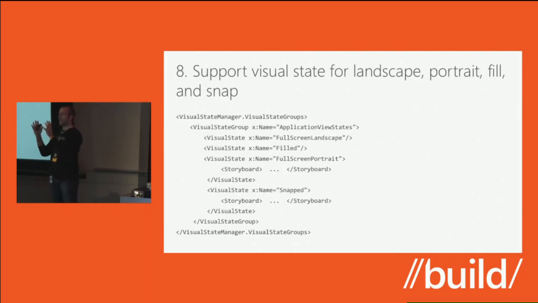So if I go to portrait mode, I'm going to define a storyboard that says, hey, I'm going to switch from maybe a grid view. And if you have never done XAML, that's what a grid view is, just a way of looking at things. When you saw all of our pictures out there, that was a grid view. And I'm going to switch to maybe a list view and have it be a different view on top of that same data. And then I'll just show a list view grouped up together.